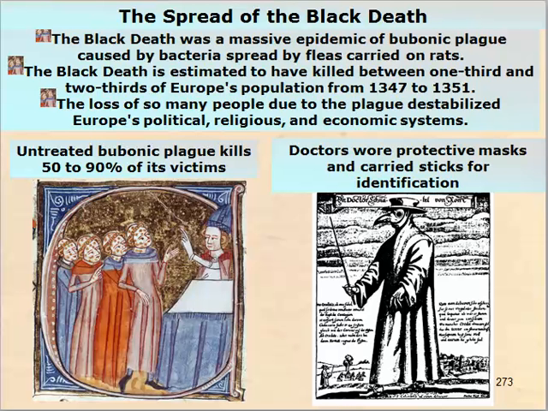Now, the Black Death was a massive epidemic of the bubonic plague caused by bacteria spread by fleas carried on rats. The Black Death is estimated to have killed between one-third and two-thirds of Europe's population. From 1347 to 1351, the loss of so many people due to the plague destabilized Europe's political, religious, and economic systems.